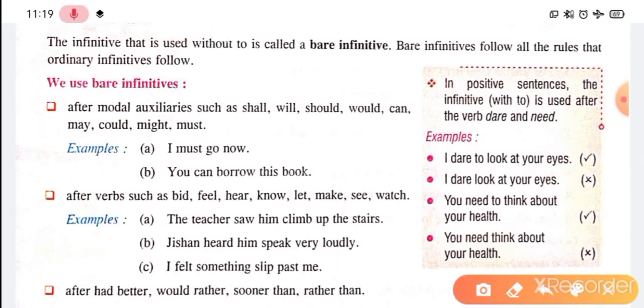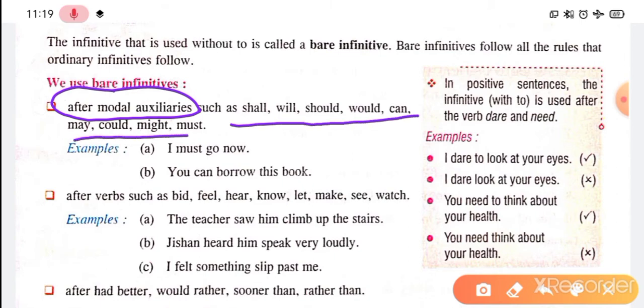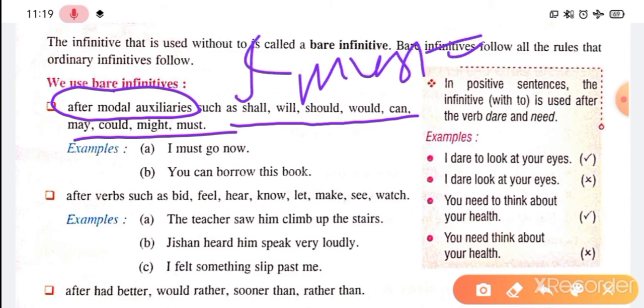First, after modal auxiliaries, where it is used. After modals such as shall, will, should, would, can, may, might, could, must, all the modals, we always use V1, even if we are changing the tense. See here, I must go.